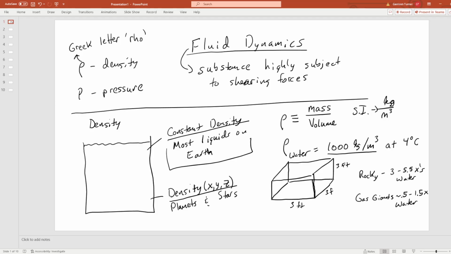Gases are typically going to be lower density, so gas giants have a much lower density, by maybe 3 or 4 times, than rocky planets. In our own solar system, Saturn is about 0.6 times the density of water. So Saturn floats. If you were to throw Saturn into a swimming pool, it would float, which is kind of cool.